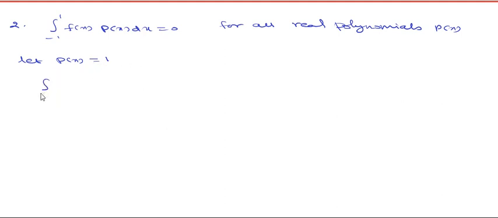Then integral from -1 to 1 of f(x) times 1 dx equals 0, so f(x) is an odd function.